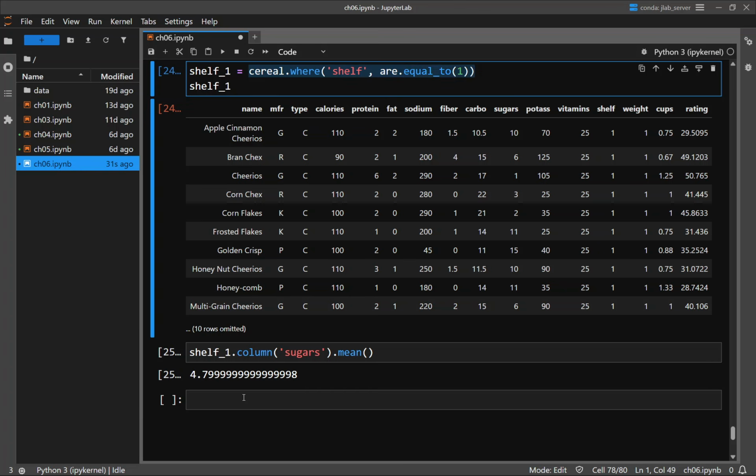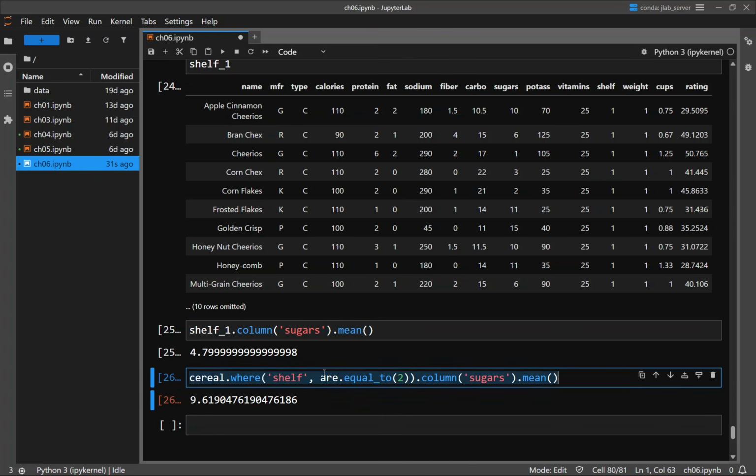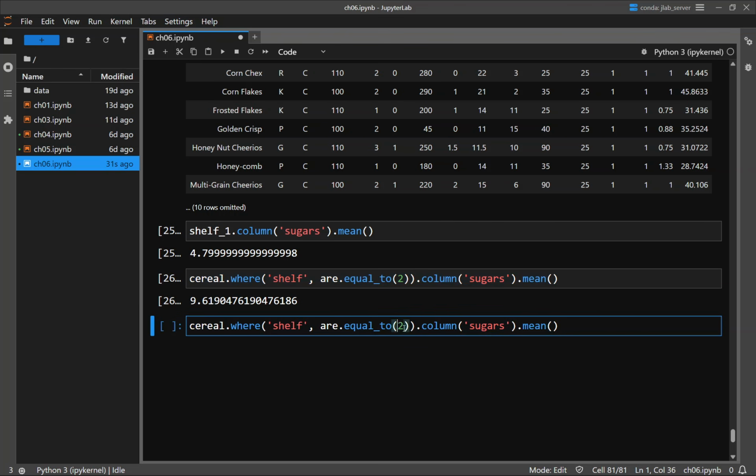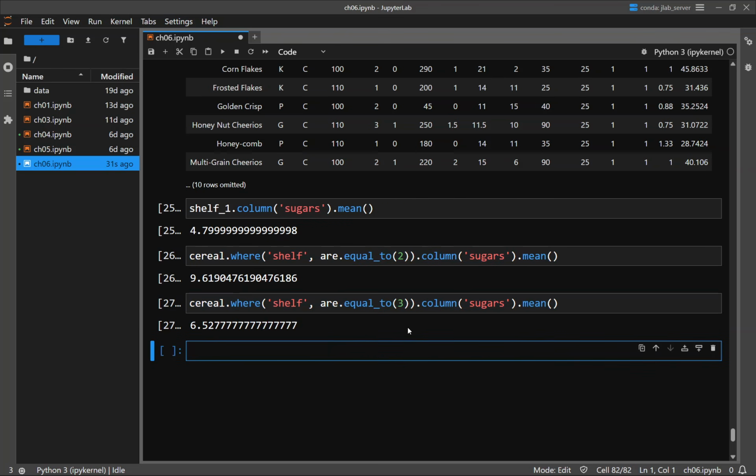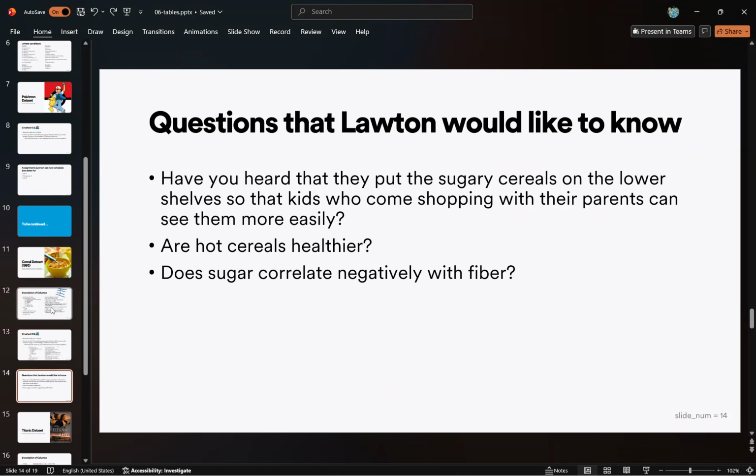And if you want to do it fast, you just do it all in one line. So where the shelf is equal to 2, give me your sugars column and the average. Ooh, that's different. And then same for shelf 3. I see a shelf that sticks out to me, don't you? I see shelf 2, and that is apparently the middle shelf.